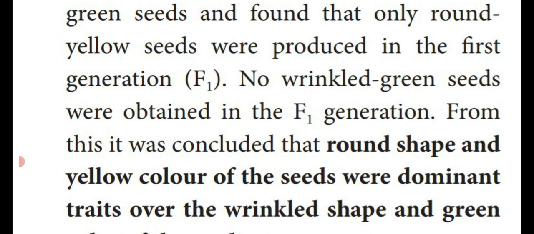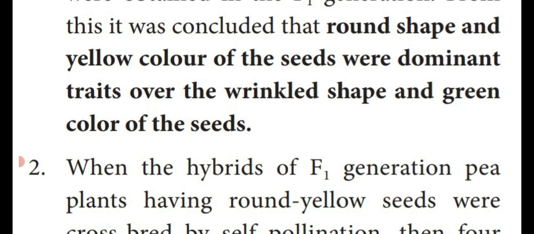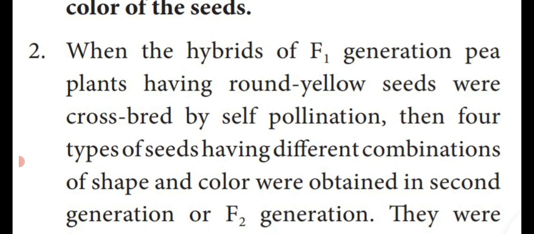So from this F1 result, Mendel concluded that the round shape and yellow color seeds are the dominant trait, which dominates over the wrinkled shape with green color seeds. That is the first observation.